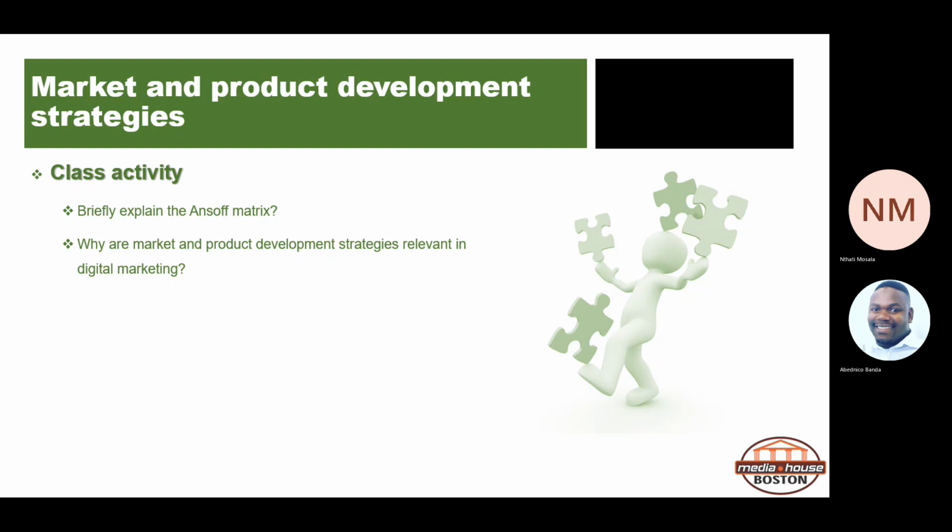I don't know if I'm making any sense. You are making sense. The features that we're going to talk about, the aspects of that product that we are going to talk about when persuading people to buy, says a lot about the product itself. So product development strategies are relevant in digital marketing.